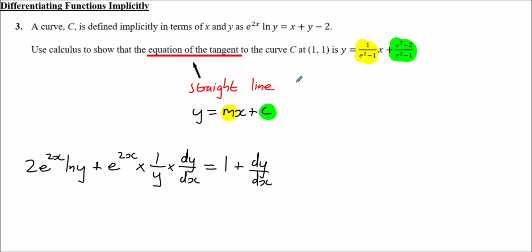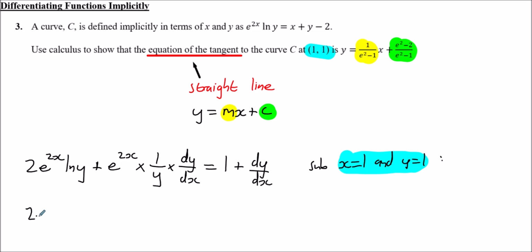So what we can do now is actually substitute in the point 1, 1. So now, if I sub x is 1 and y is 1, as per the point we're given, then we can actually work out what the gradient is, dy by dx, at that point.